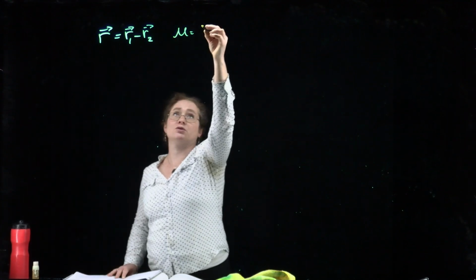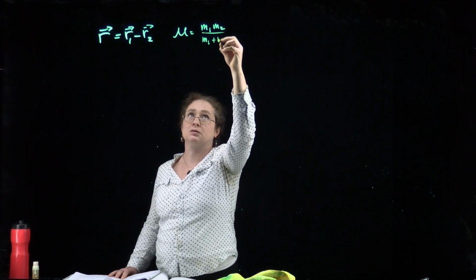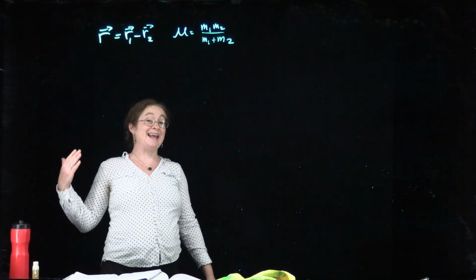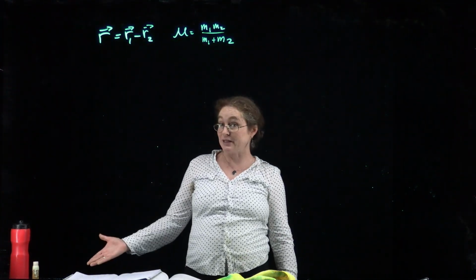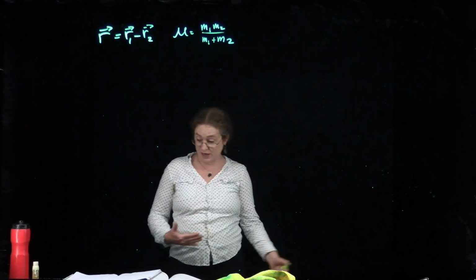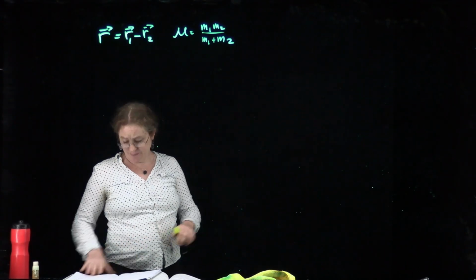We also use the reduced mass. These concepts have come up earlier, but we usually can't really do the experiment in a center of mass frame. We actually do it in a lab frame. So we want to relate the center of mass frame to the lab frame.